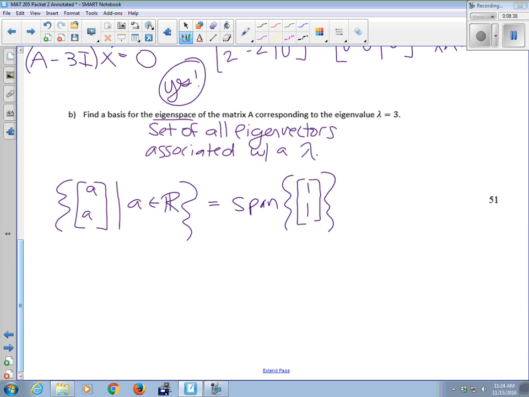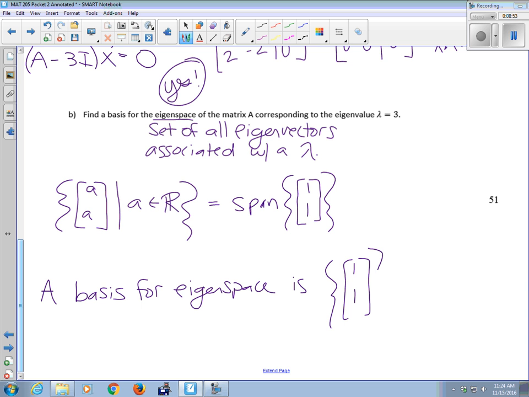Or I could give a basis for the eigenspace: (1, 1). So you can take your pick. On quizzes and tests, I say something like, describe the eigenspace in an appropriate way, and you can do any of these three.